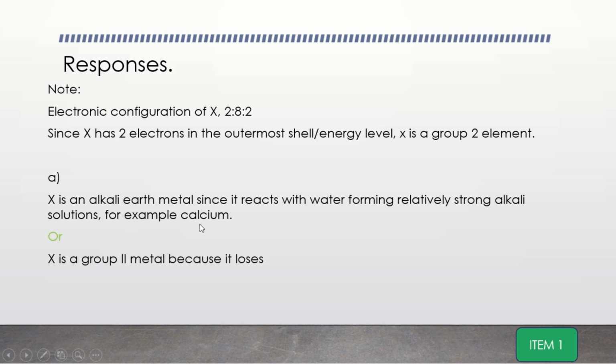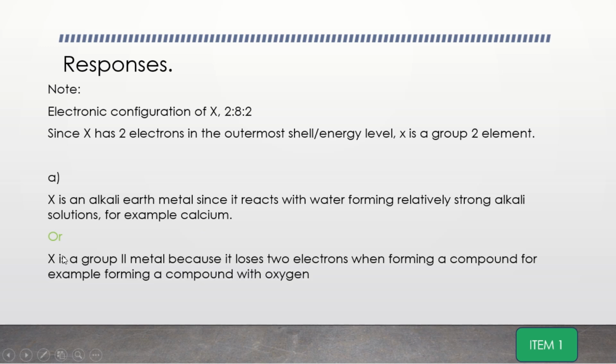Or another person can say X is a group 2 metal. Now we are classifying it as a metal of group 2. The reason is it loses 2 electrons when forming a compound, for example, forming a compound with oxygen. Let's say we give an example here, it is calcium.